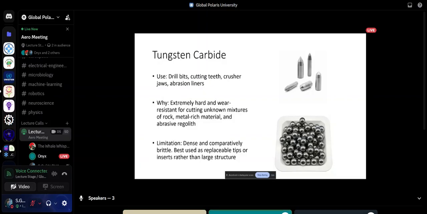But yeah, so this material, tungsten carbide, is best used as a replaceable tip for inserts rather than a large continuous structure. So, for the sake of this mining operation, if we intend or hope to reuse this vehicle, which we should, there's a lot of emphasis on renewable and reusable technologies.